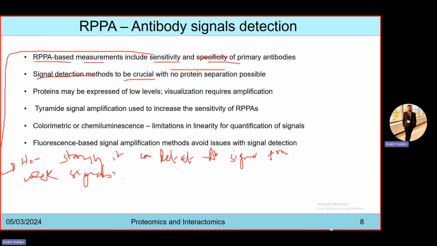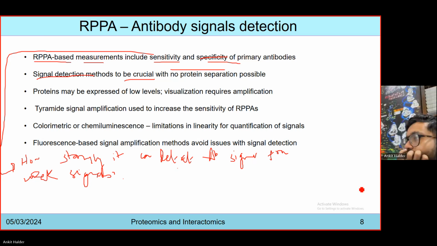The major problem is this. Just think of, for example, this kind of microarray.